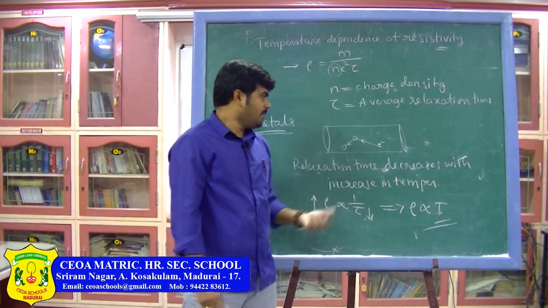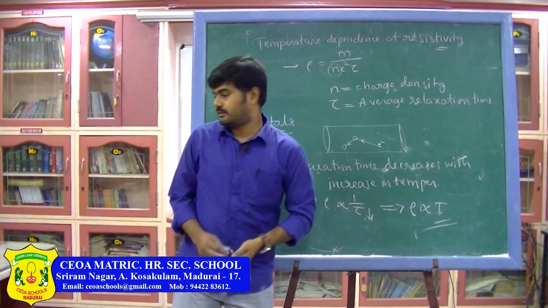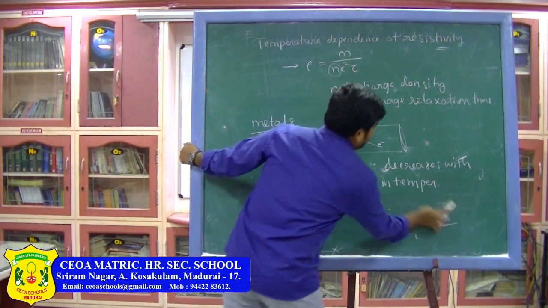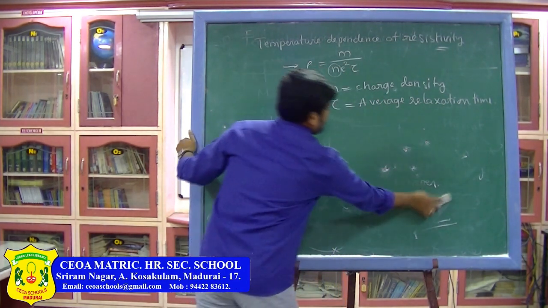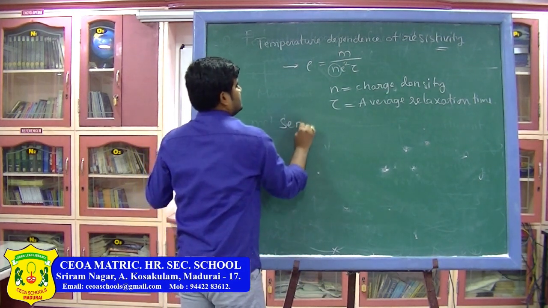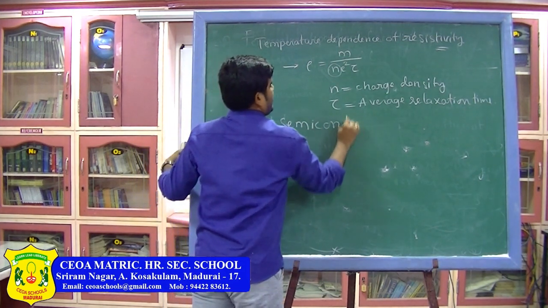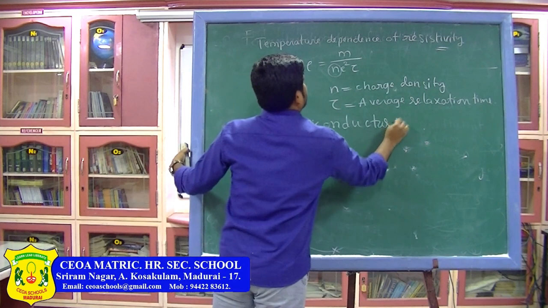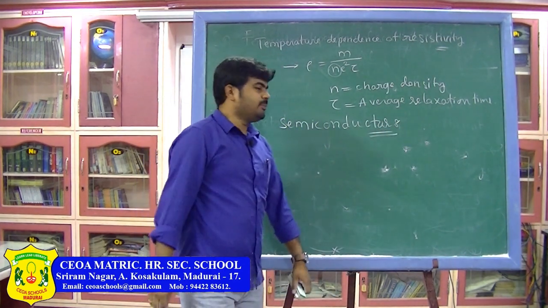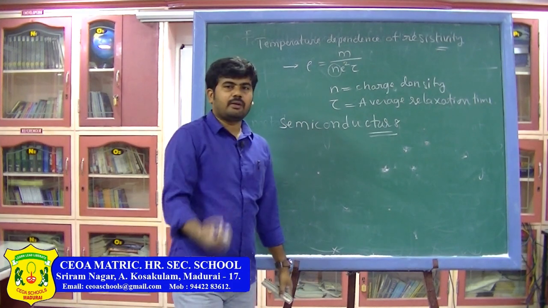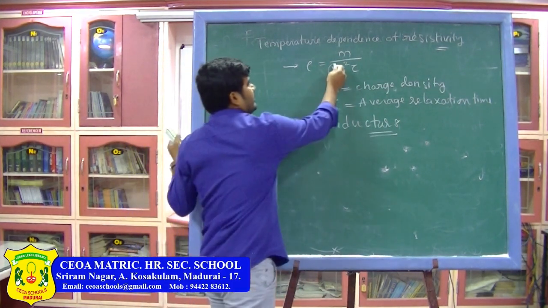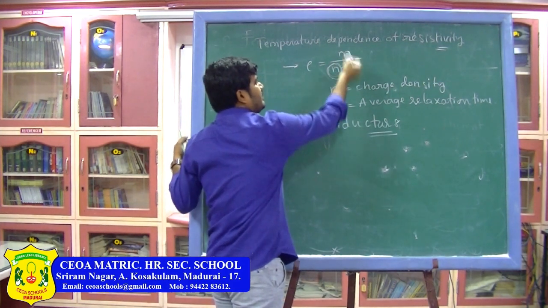Now let us see what happens in case of semiconductors. Because semiconductors are covalently bonded crystals, when temperature increases, the number of charges per unit volume, this n value, will increase much.